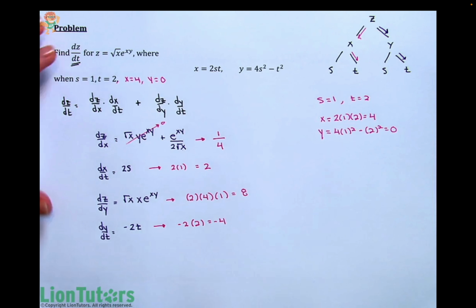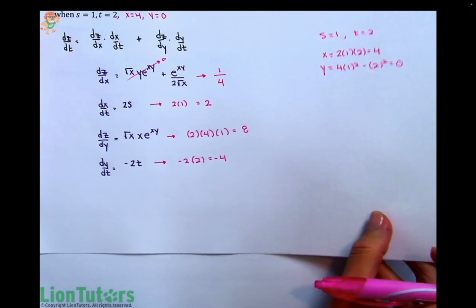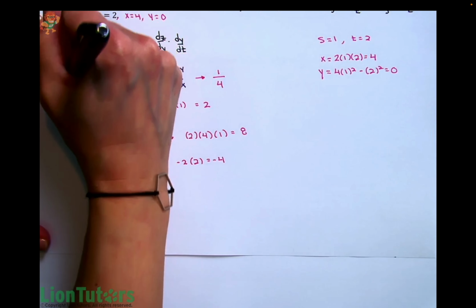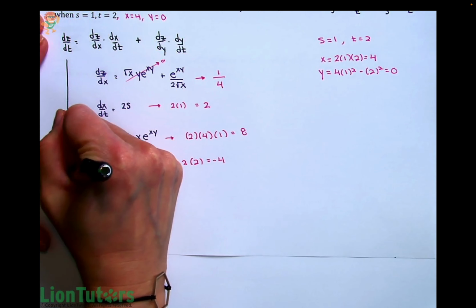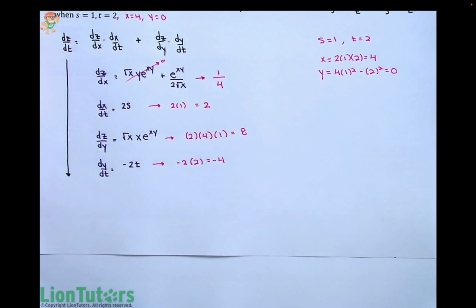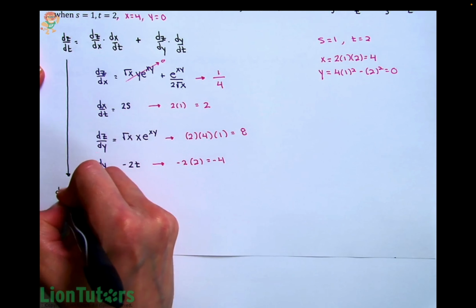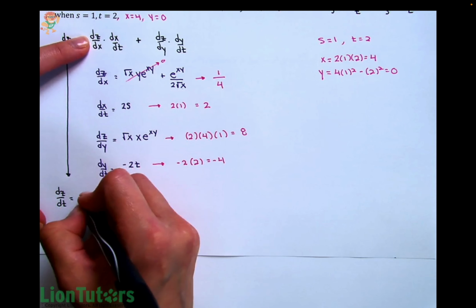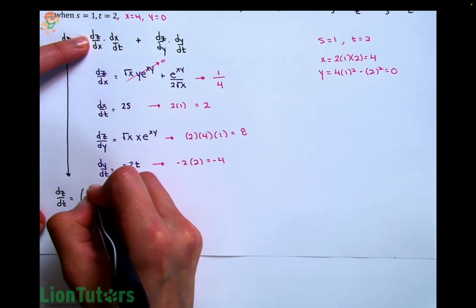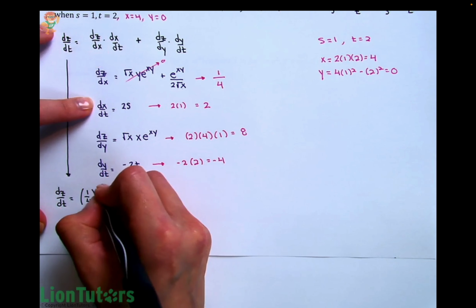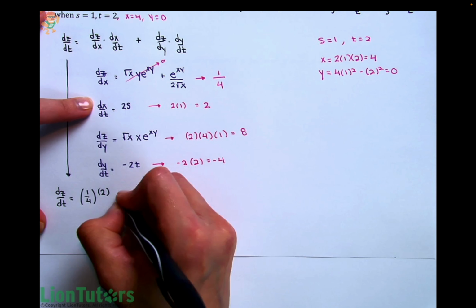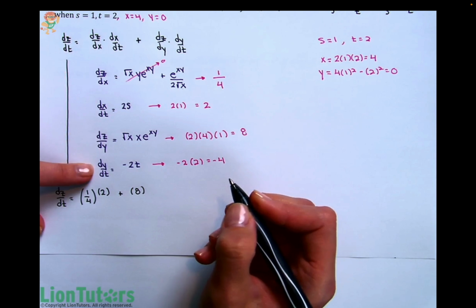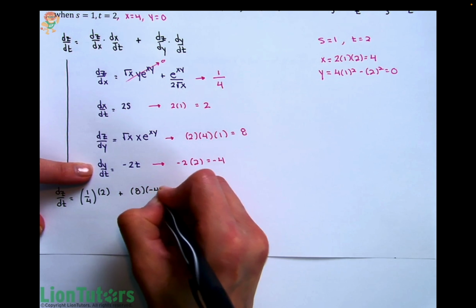Okay, so now that I have all of these values, I can go back up to my original formula right here and plug everything in. So dz/dt equals our dz/dx, which was 1/4, times our dx/dt, which is 2, plus our dz/dy, which is 8, times our dy/dt, which is negative 4.